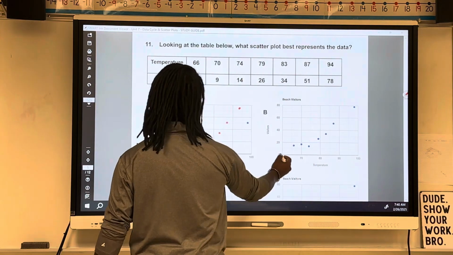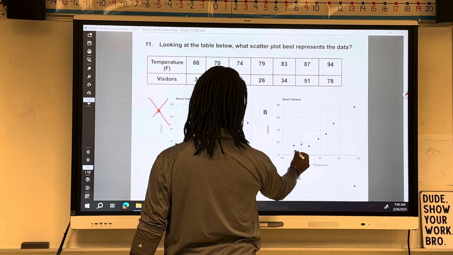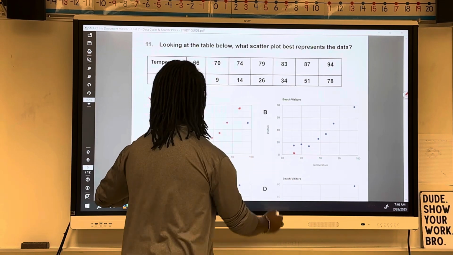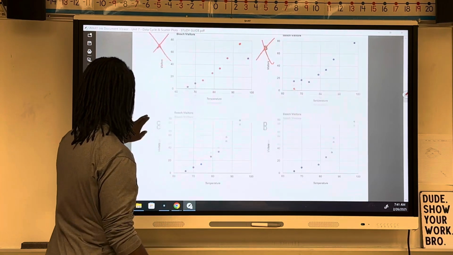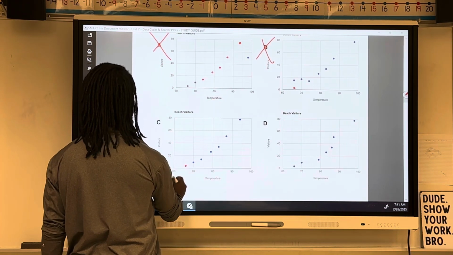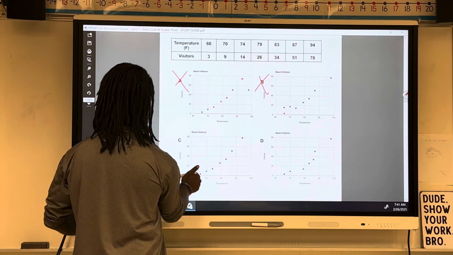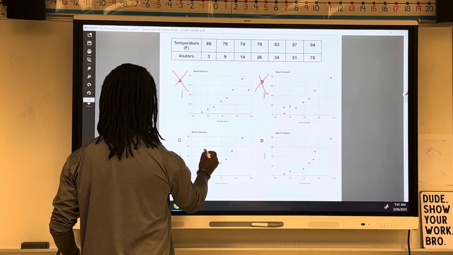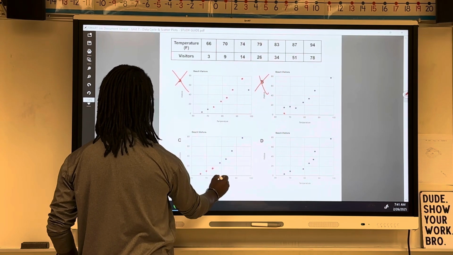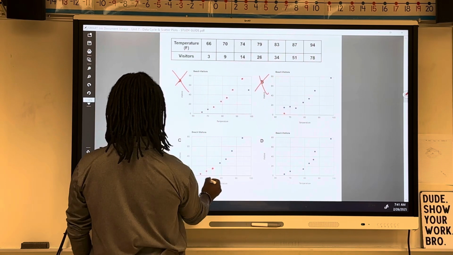We got 66 and 3. Okay, 66 and 3. Hold on, that one's wrong because 3 should be down here, so that's not right. The first point's wrong on that one. All right, so go 66 and 3. That's right. Then we got 70 and 9. Okay, that looks right. 74 and 14. Okay, that's right. 79 and 26.